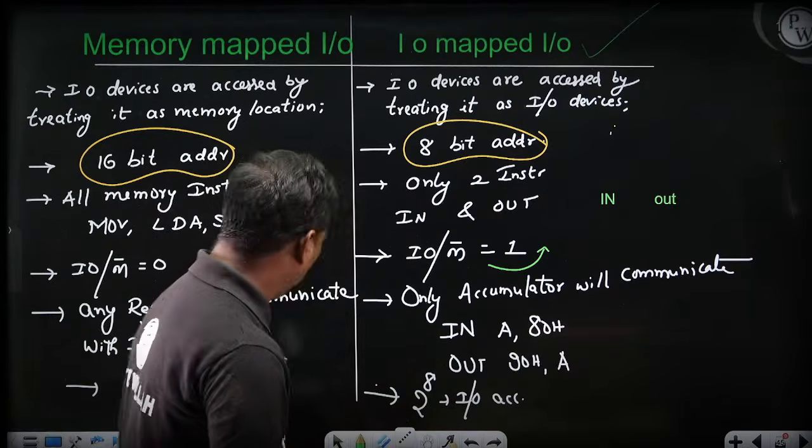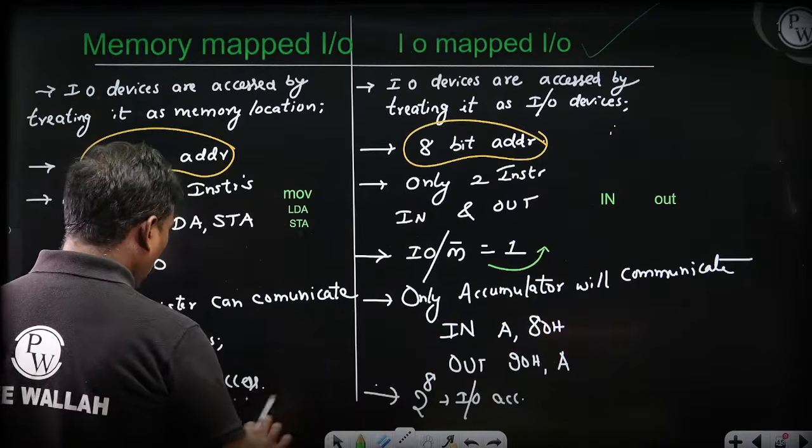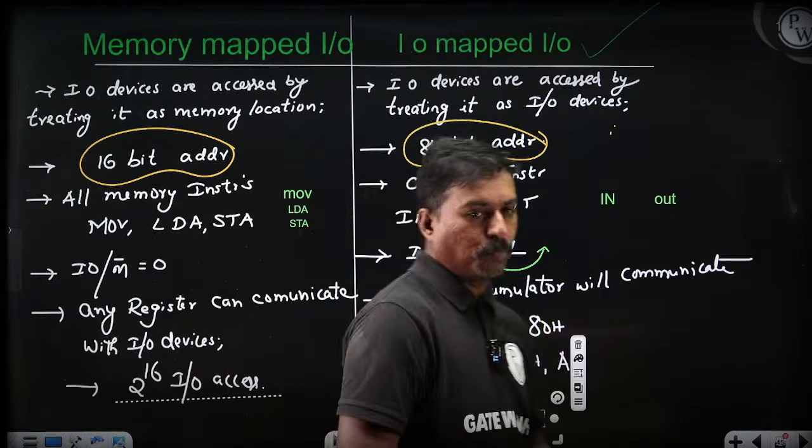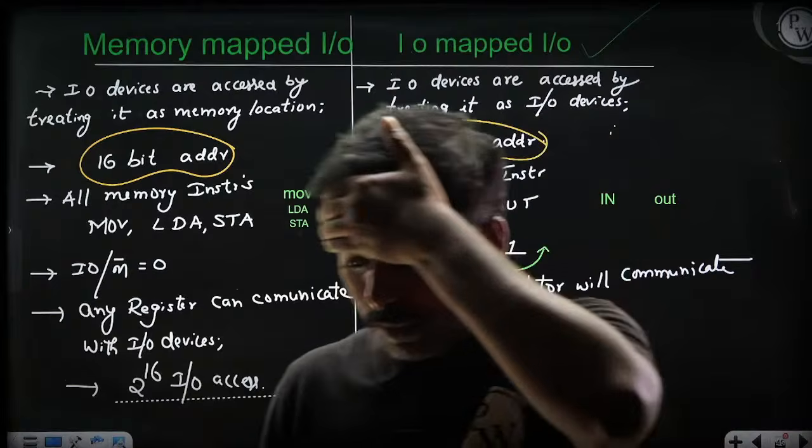Here there are 2 power 16 IO accesses, and here 2 power 8 IO accesses. Please make a note of these points.